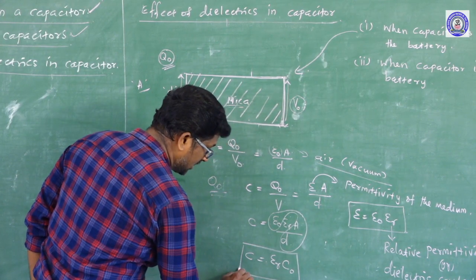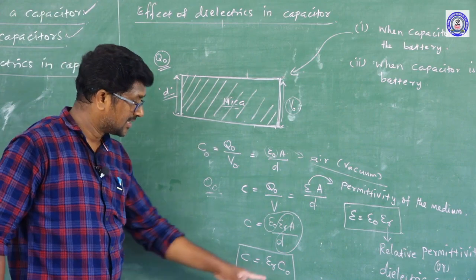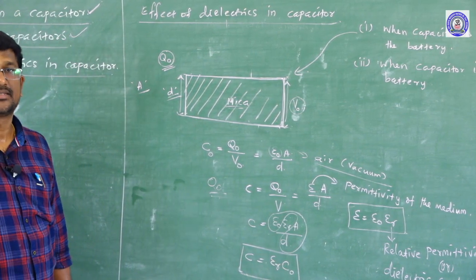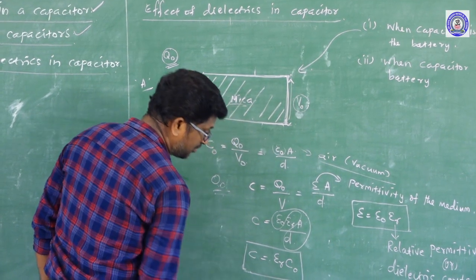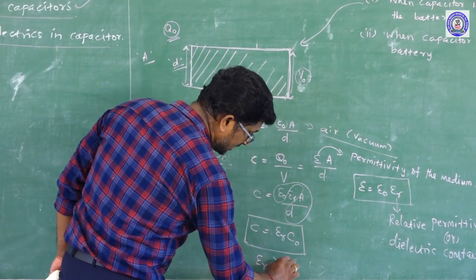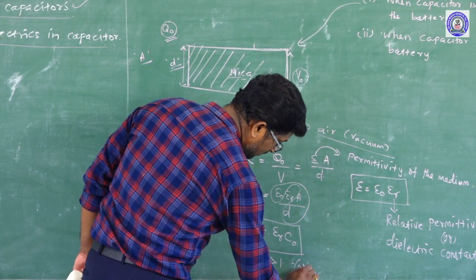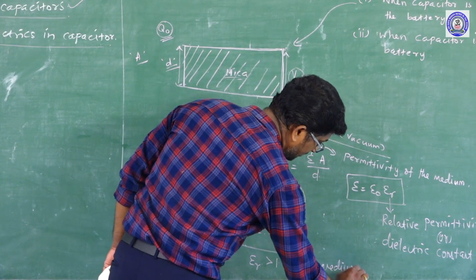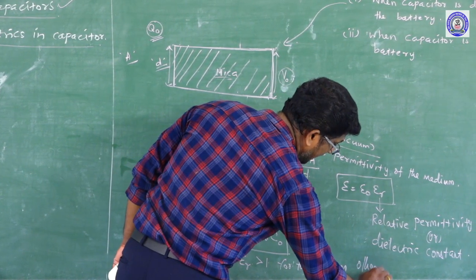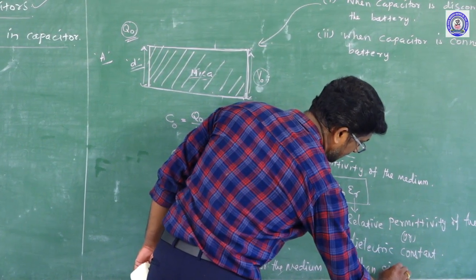So, if the dielectric material is inserted between the plates of the capacitor, the capacitance value increases, because the relative permittivity value is greater than 1 for a medium other than air or vacuum.